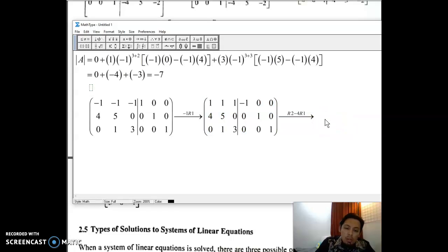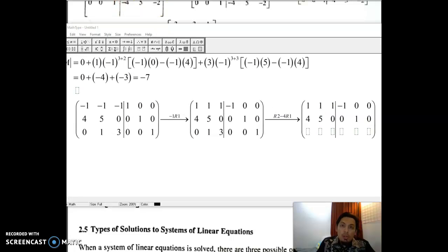Okay, let me just do it from scratch. This is what I meant before. First, create your next matrix and just copy the rows that are actually involved in this calculation.